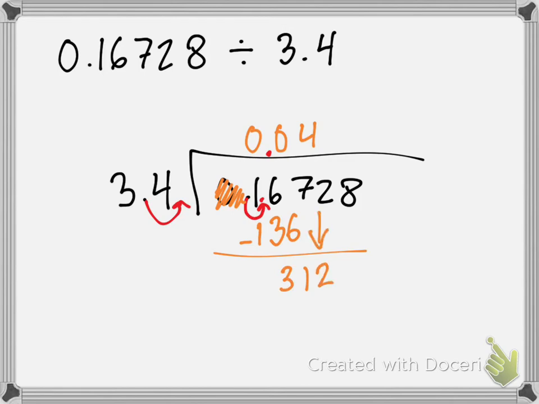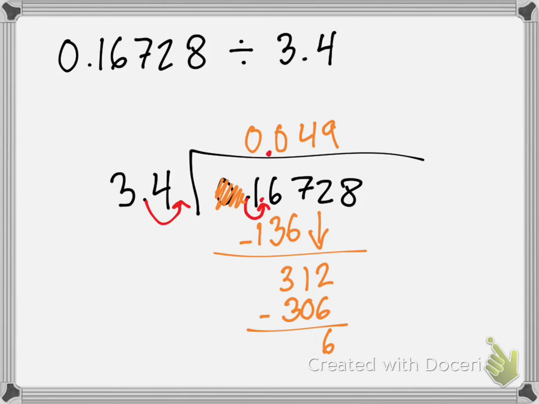Excellent. Once again, if we were doing skip counting, 136 is 4 times. This is more than double. So I'm going to think, okay, maybe it's 8 or maybe it's 9. And it's not 10 because it's less than 340. Turns out that it is 9, which is 306. I subtract and I get 16. Maybe 6.